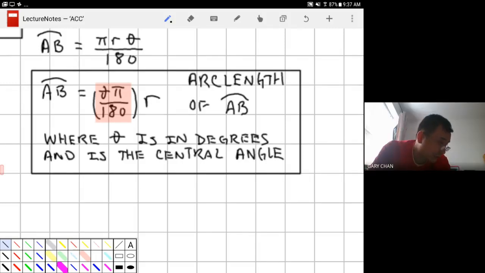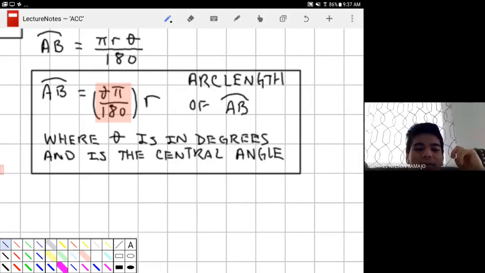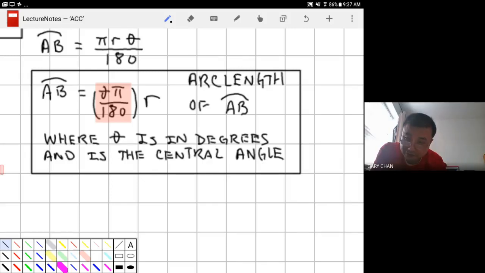Okay. My bad. So Michael, can you tell us what are the units associated with arc length again? Feet, meters, pretty much your normal units of length. That's right. Units of length. Thank you for that.